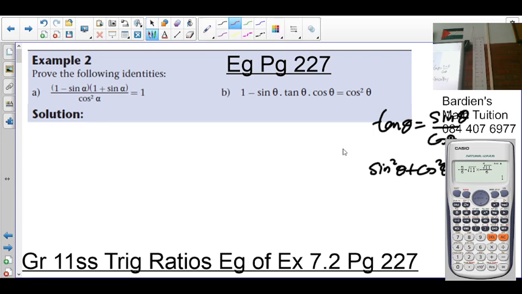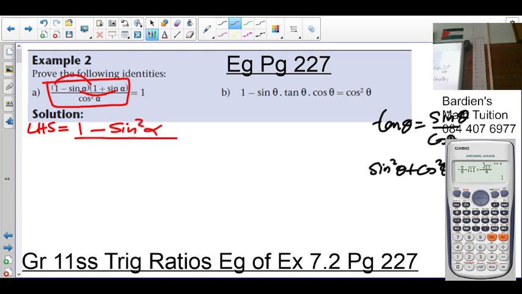Let's see. Okay, this is now an identity. So this is your left hand side. So what do you think is going to be the first thing I do there? Yes, simplify. Now, we multiply, get rid of the brackets. It's a conjugate pair, so I can multiply the first and the last. So what's 1 times 1? Minus sine theta times sine theta? Sine squared theta. In this case it was alpha, no?